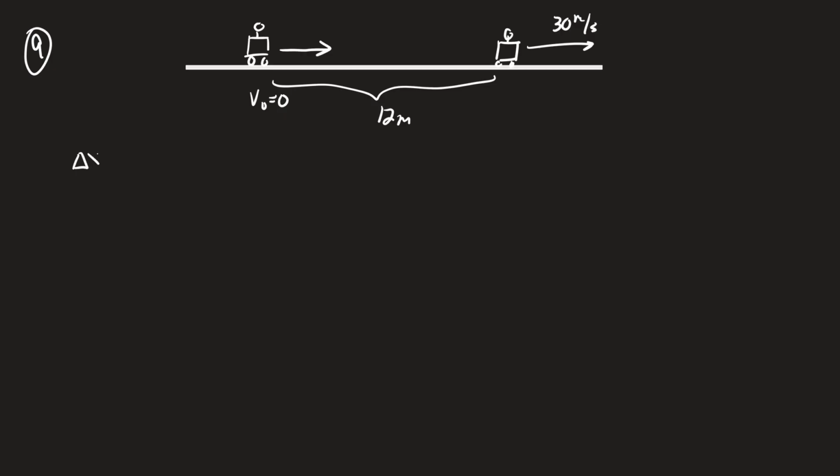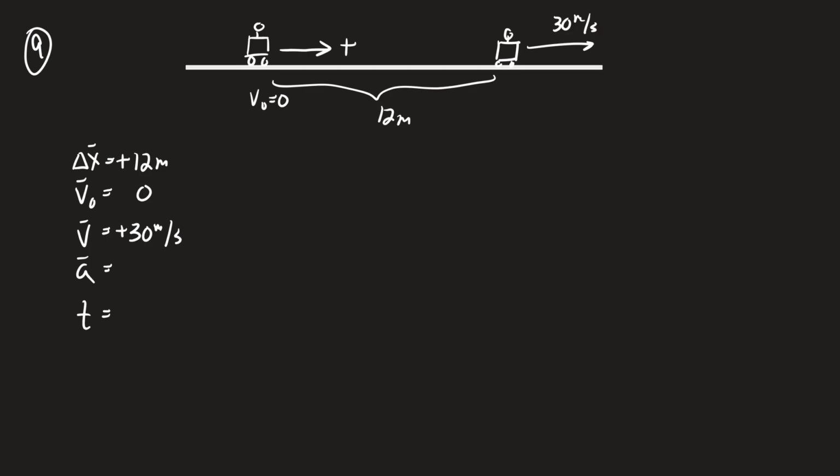I will start by writing out my motion equation variables. I'll try to ascertain what's been given. It looks like it moves 12 meters, starts from rest, and gets up to 30 meters per second. I'm going to make right positive, which makes all of these positive.